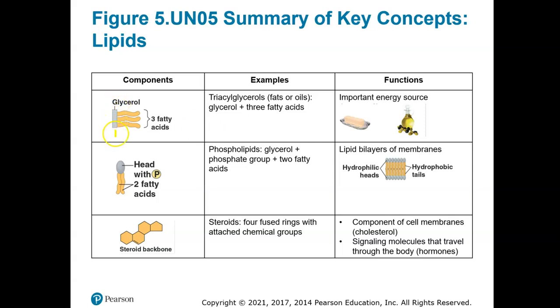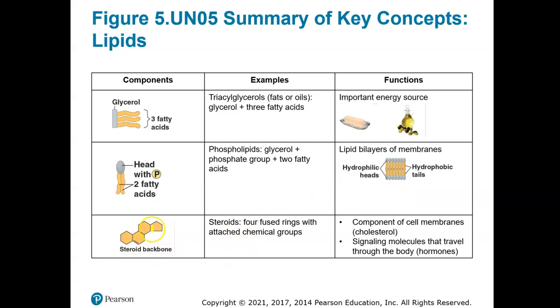But the structure is a glycerol molecule combined with 3 fatty acids. Then we have phospholipids that form the plasma membrane with a phosphate hydrophilic head and 2 fatty acid hydrophobic tails. And the way that they line up is the hydrophobic tails face each other and the hydrophilic heads face out. So they're either going to be in contact with outside of the cell or the inside of the cell.